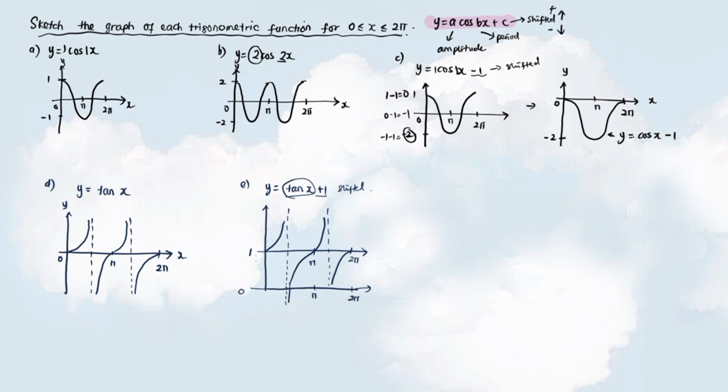Make sure that the line does not touch the asymptote line. Label your graph y and x-axis. So here is your y equal to tan x plus 1 graph.